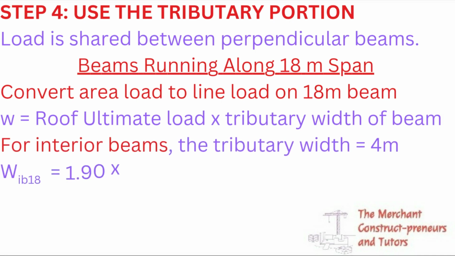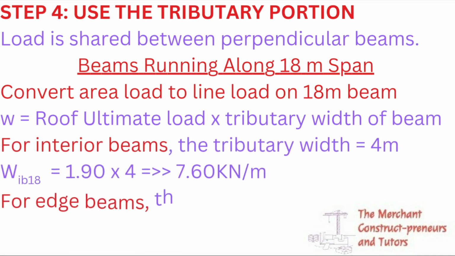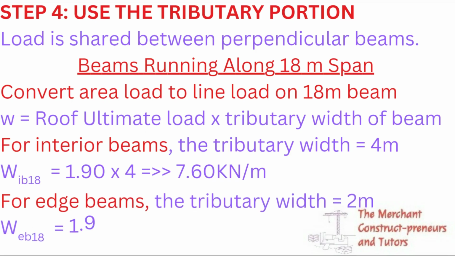So first thing is, for the beam running along the 18 meter span, we convert the area load to line load on the 18 meter, and that is the roof ultimate load multiplied by the tributary width of the beam. So for interior beams, the tributary width is 4 meters.